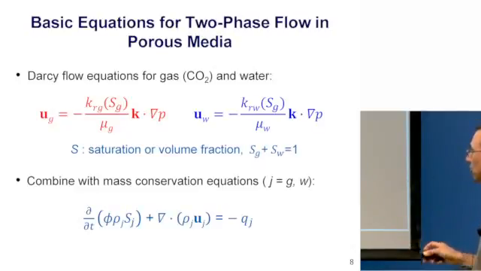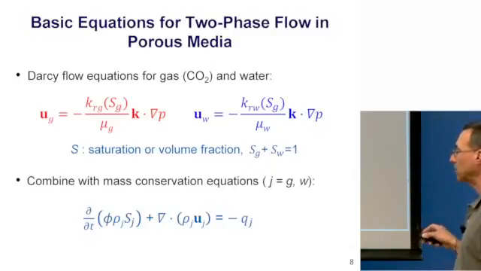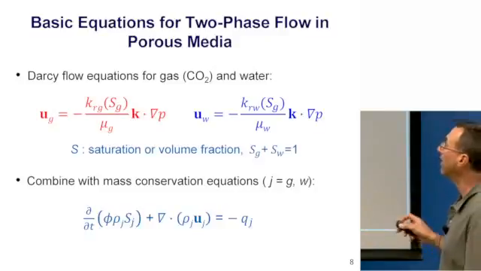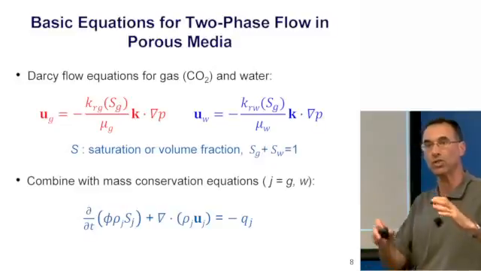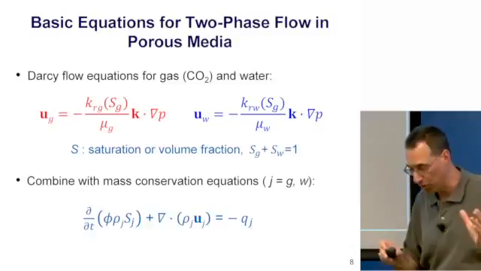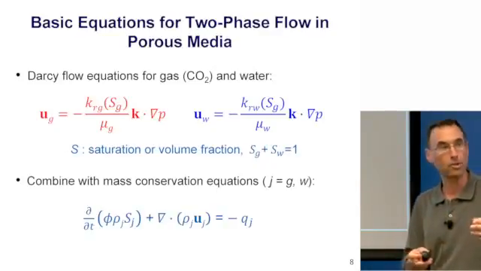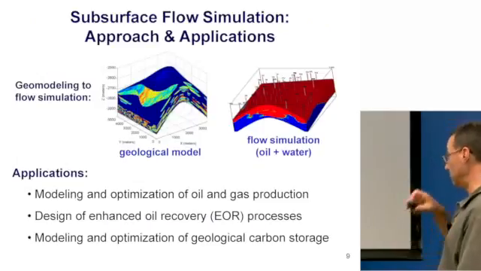This is a partial differential equation for a particular component, gas or water: an accumulation term, a flow term, and a source term. Those balance; that's a statement of mass conservation. We combine that with our Darcy's equation. We would have two partial differential equations that we then solve in space and in time to tell us how these fluids move through the subsurface. Very similar equations apply if we're trying to simulate how oil moves through the subsurface, or if we're injecting CO2 into a saline aquifer.